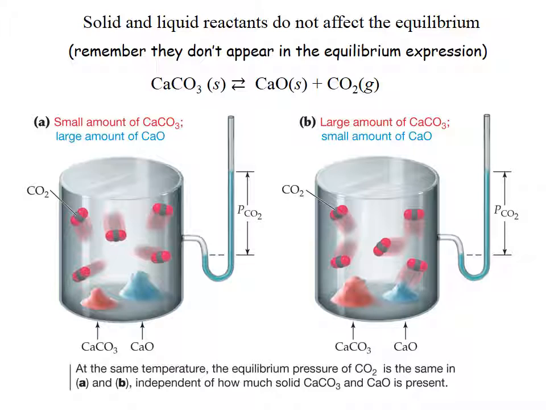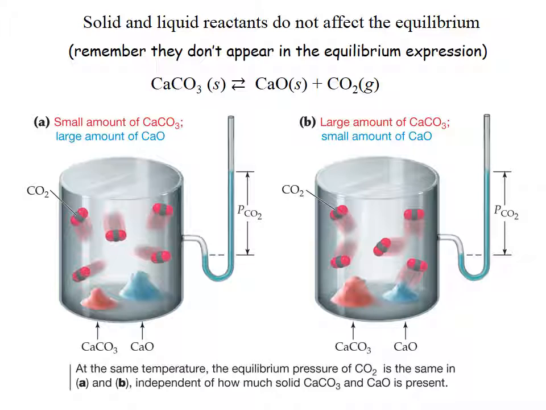And so if you add in calcium carbonate, you'll notice that that's happened from the A and B. If you have different amounts of our solids, as long as there's still some solids left at equilibrium, then the partial pressure of CO2, you'll notice based on the height of the mercury in the PCO2 in the little tube to the right, is not any different.